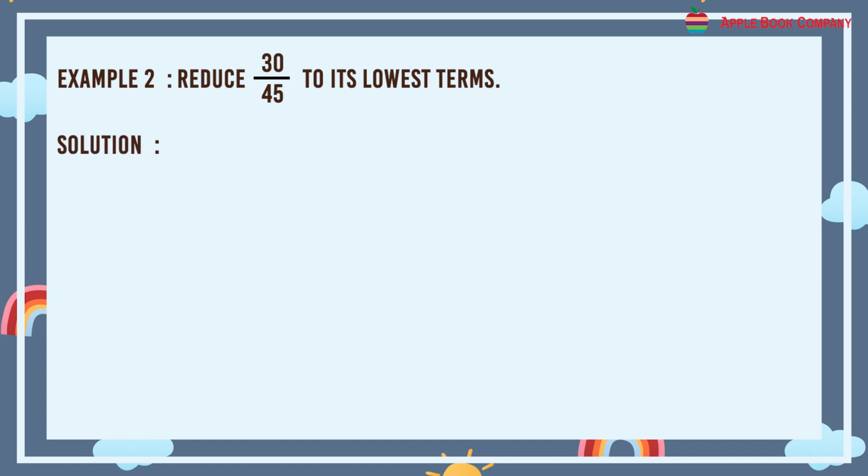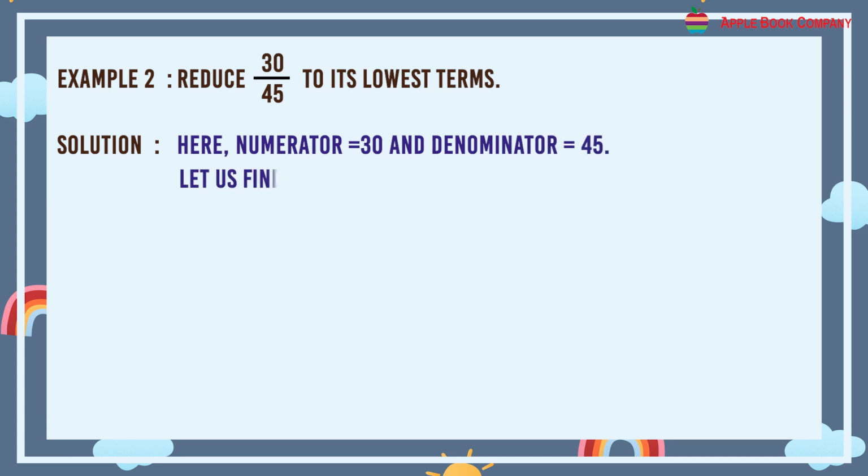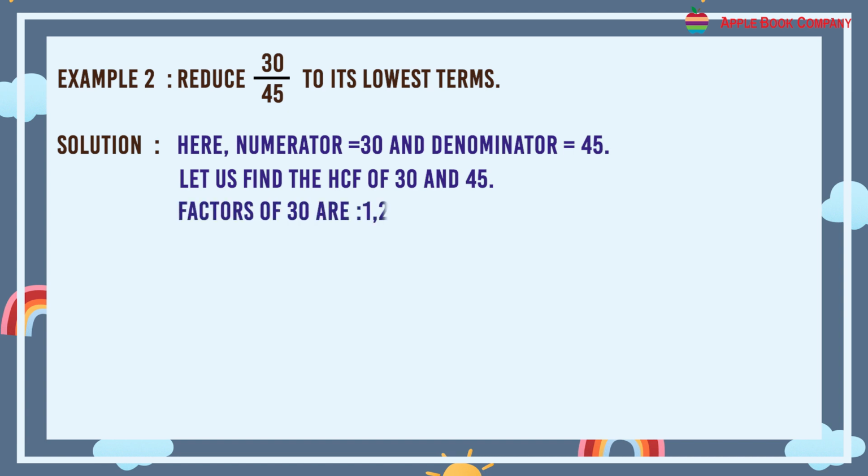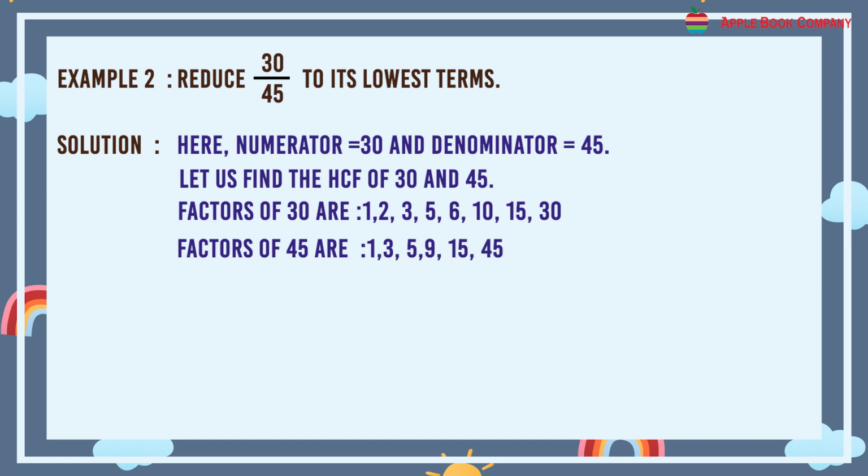Example 2. Reduce 30 by 45 to its lowest terms. Solution. Here numerator equals 30 and denominator equals 45. Let us find the HCF of 30 and 45. Factors of 30 are 1, 2, 3, 5, 6, 10, 15, 30. Factors of 45 are 1, 3, 5, 9, 15, 45.